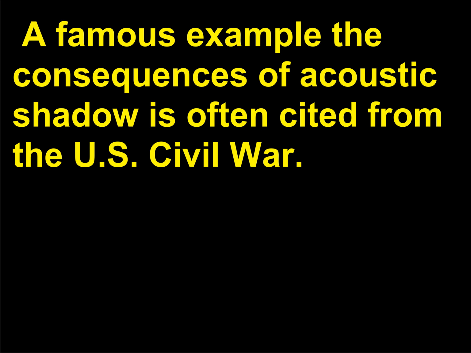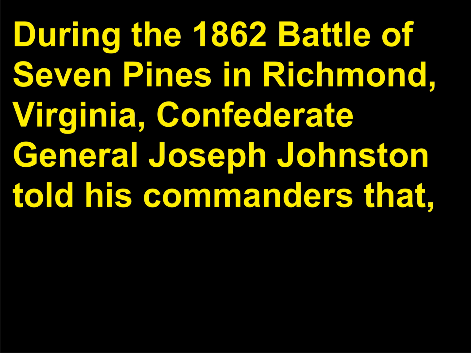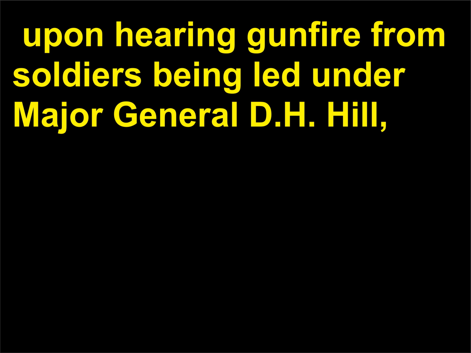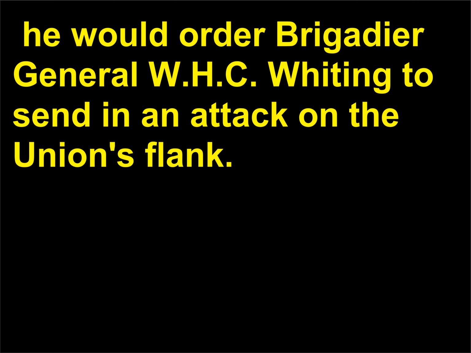A famous example of the consequences of acoustic shadow is often cited from the U.S. Civil War. During the 1862 Battle of Seven Pines in Richmond, Virginia, Confederate General Joseph Johnston told his commanders that, upon hearing gunfire from soldiers being led under Major General D.H. Hill, he would order Brigadier General W.H.C. Whiting to send in an attack on the Union's flank.